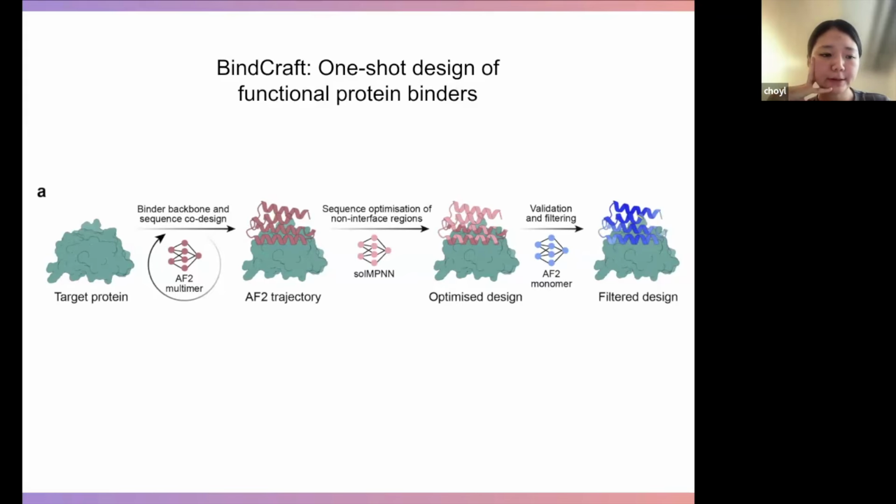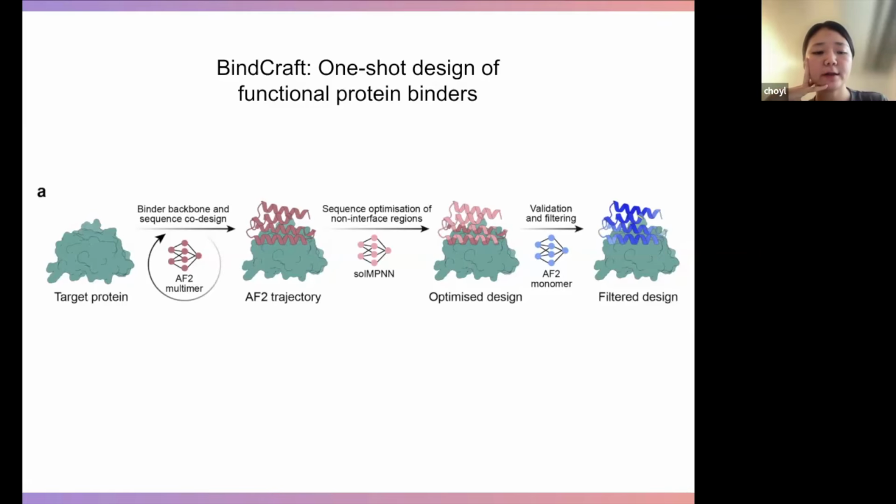The whole process looks like this: initializing everything with the target protein. You initialize the binder with a random sequence, and then you co-optimize the backbone and the sequence together using AlphaFold 2 multimer.